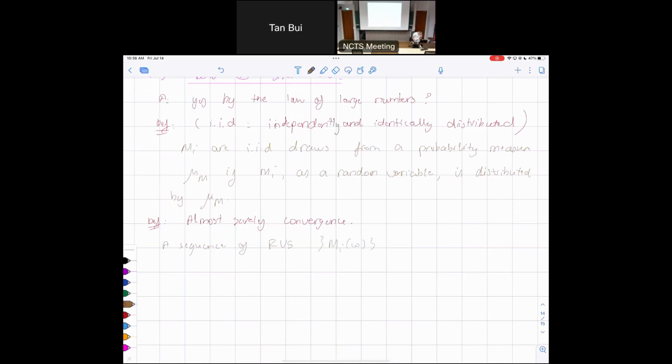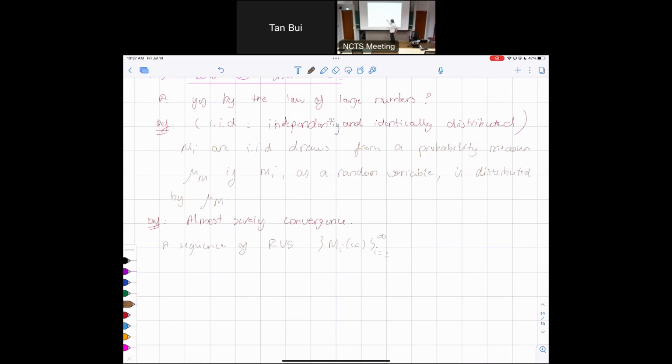I put omega there. Remember that a random variable maps from a sample space to a state space. So a sequence of random variables is a sequence of functions. If you haven't looked at sequences of functions, for the sake of understanding, it's just a sequence of numbers.